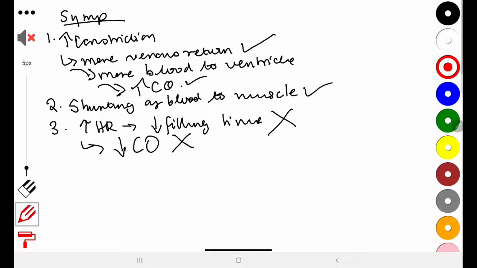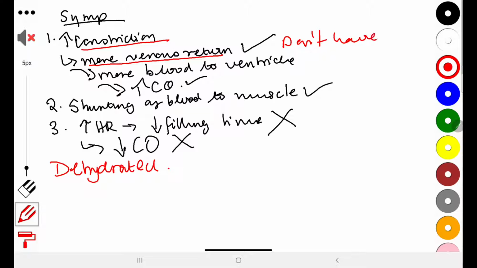Now let's make this worse. Let's say you go running and you are dehydrated. So what's going to happen? If you are dehydrated, there will be constriction going on, but even though there will be more venous return, you don't have enough to return.